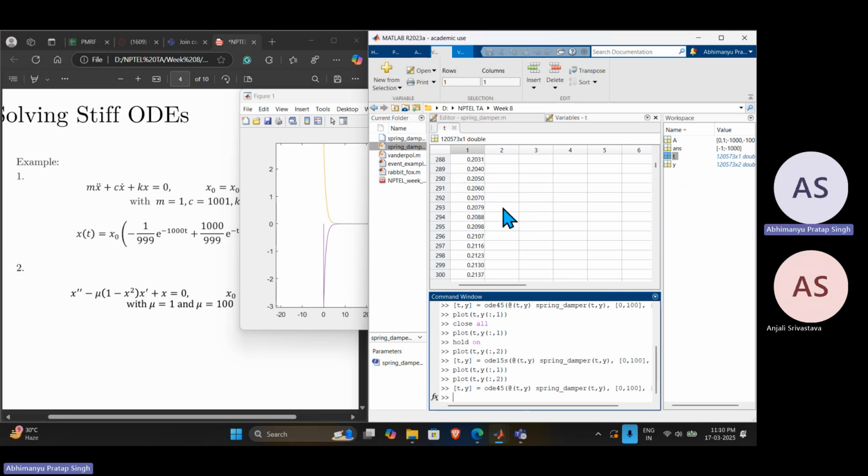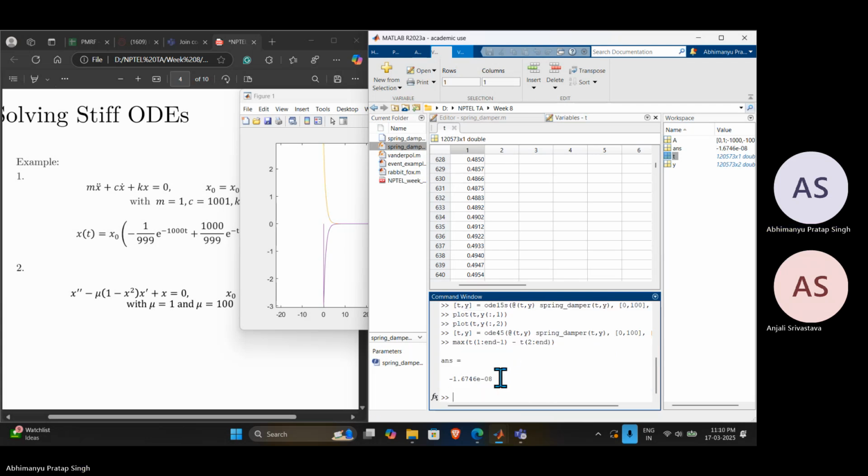So for the time stepping, I look at the max of the time series from 1 to n minus 1 subtracted from 2 to n. Sorry, I should have taken the absolute value of this. Yeah, so the maximum is like 1.6 times 10 to the power minus 8.